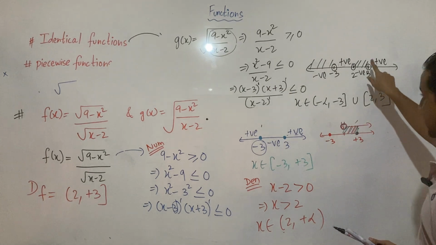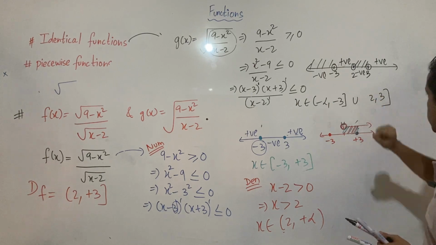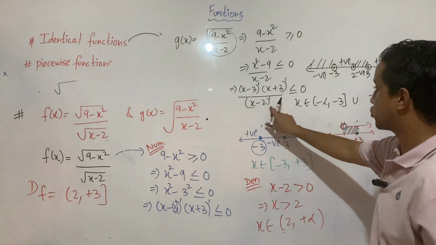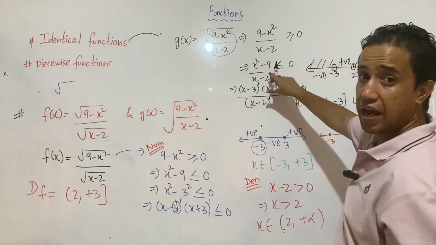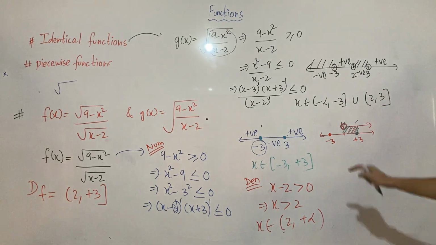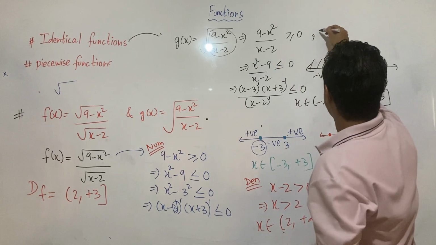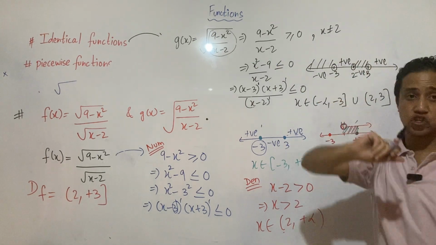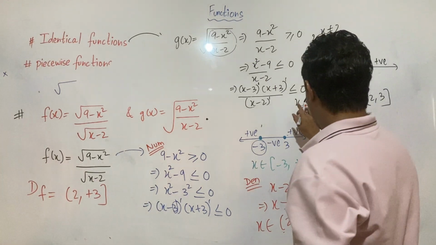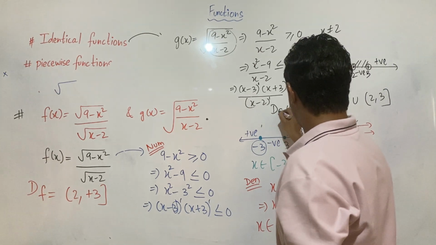You cannot include this 2, because the moment you include it, 2 minus 2 is going to be 0 and it's not defined. So we have to put an open bracket here. This must be greater than or equal to 0 and x should not be 2, right? So this is the domain of function g.